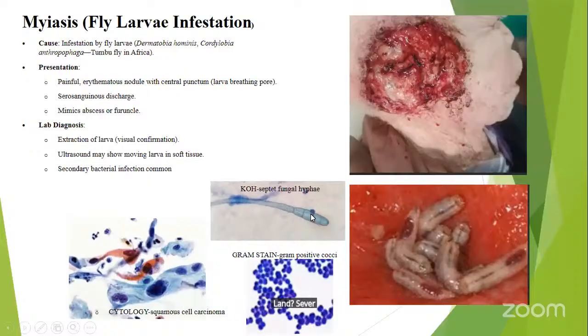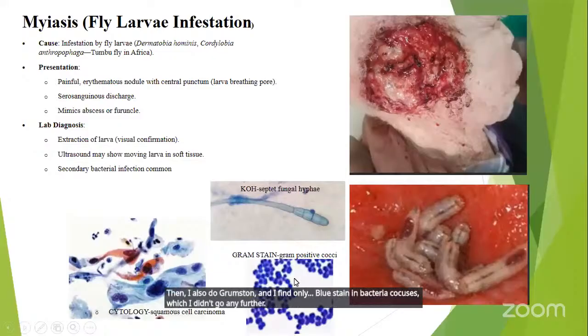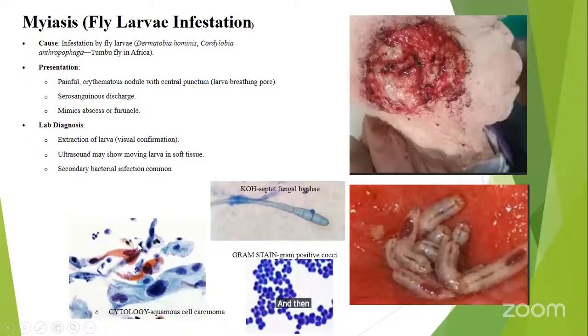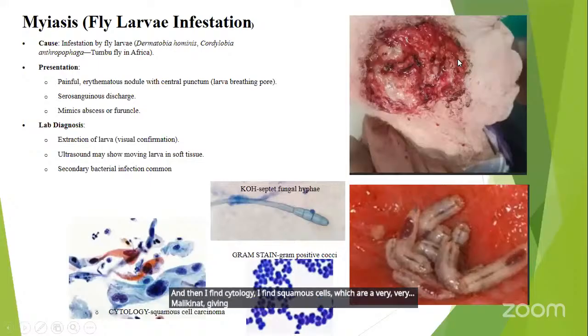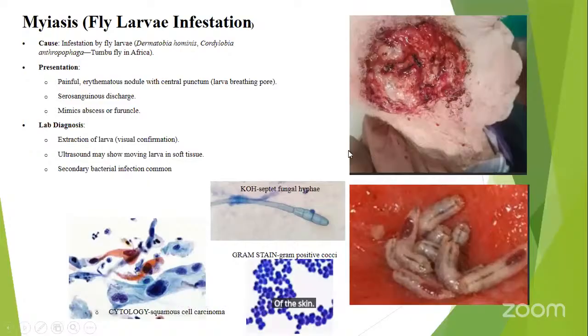This is just a small picture I've taken from the microscope. Then I also did a gram stain and found only blue-staining bacteria, cocci, which I didn't go any further with. And then on cytology, I found squamous cells which are very, very malignant, giving me a diagnosis of cancer of the skin.